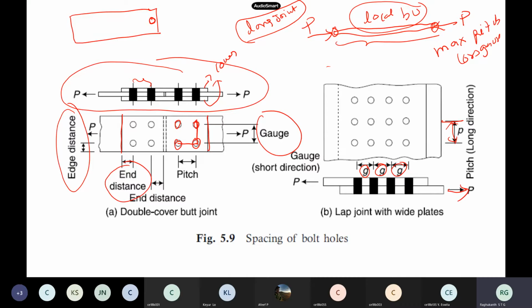Last class I told you the criteria on how we decided the pitch. What is the minimum value? On what basis have these things come into the picture? If the pitch is very, very small, what happens?